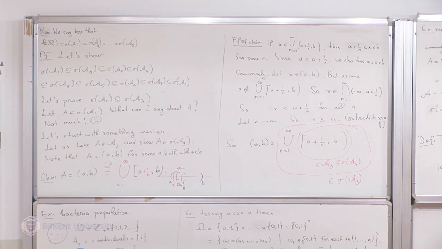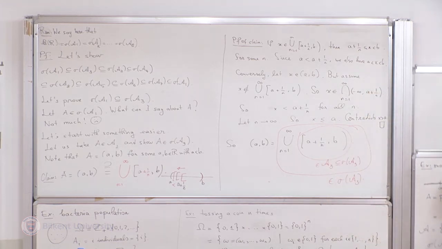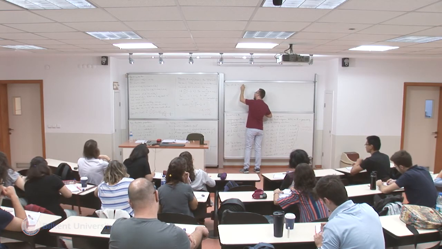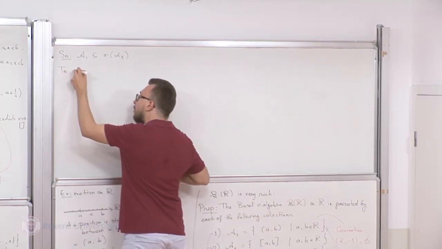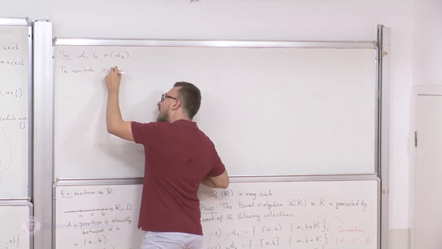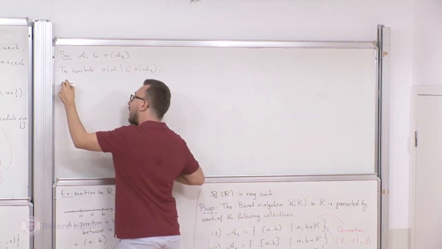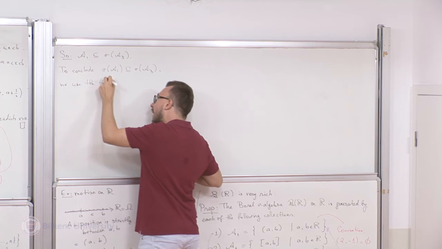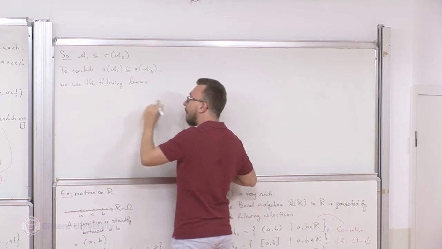What did we do? We took a set in A1 and proved that it is in sigma A3. So let me write it here: A1 is a subset of sigma A3. Now I'd like to conclude that sigma A1 is also a subset of sigma A3. We use the following lemma. Okay, that's a special lemma.